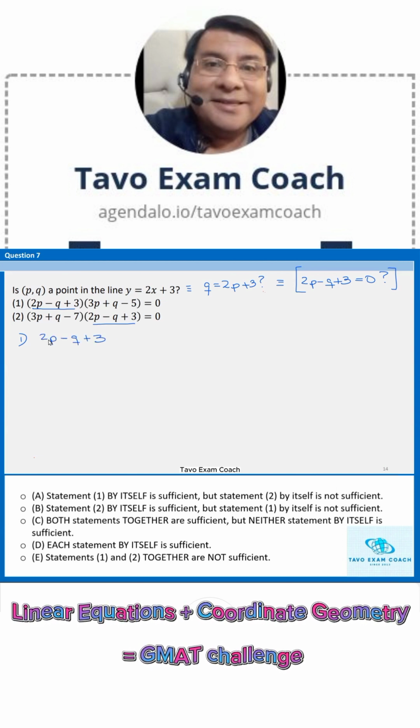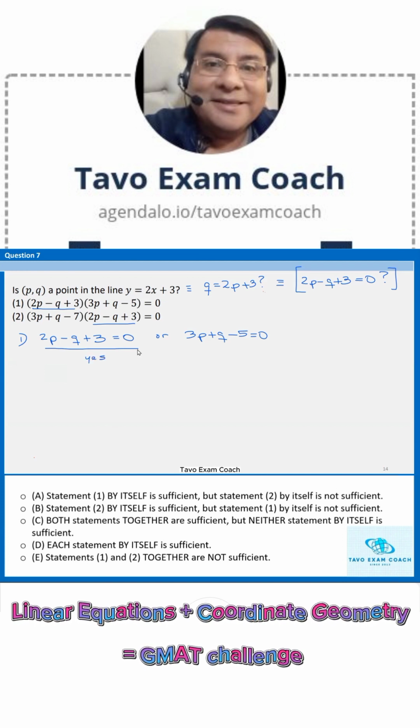You don't know which one, though. Either 2p minus q plus 3 equals 0, or perhaps 3p plus q minus 5 equals 0, or perhaps both factors can be 0. If this possibility is verified true, this yields an affirmative answer to our question.